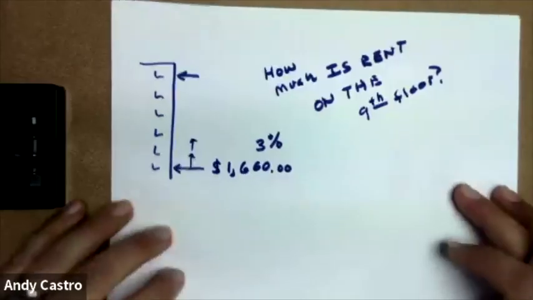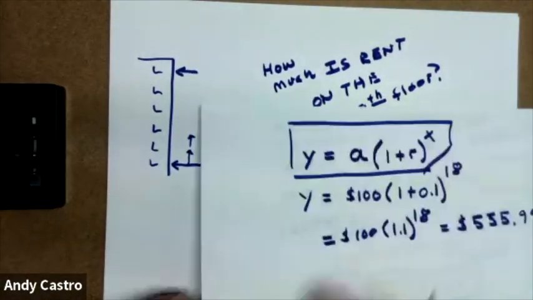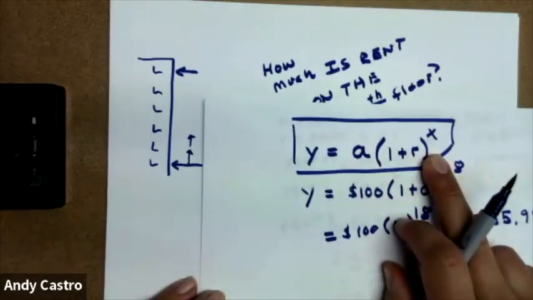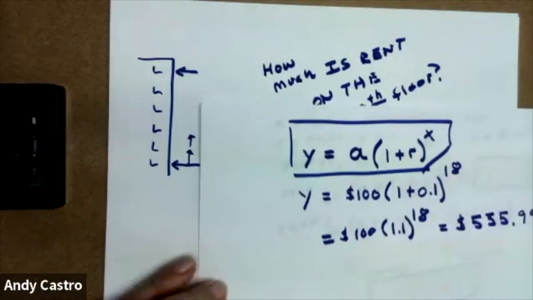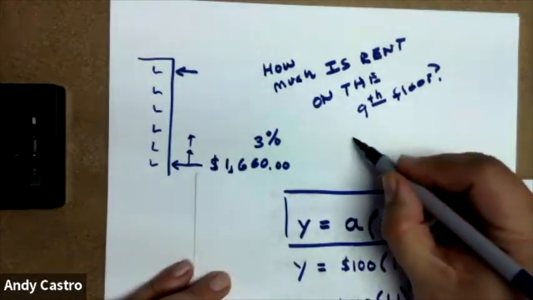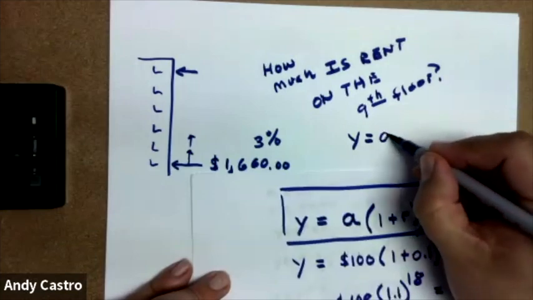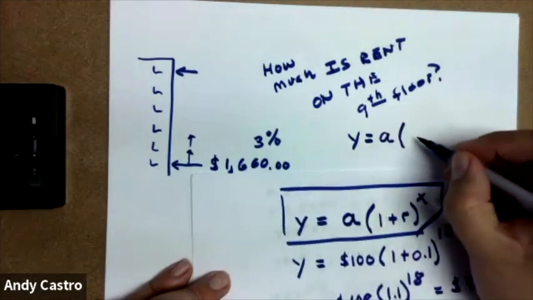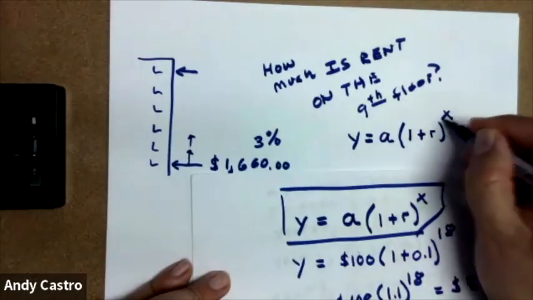Okay. So what we want to do here is we're going to look at our exponential increase formula that we derived, and there is a formal proof for this, but we're not going to worry about that at this level. But you know enough to know that this is going to give you the information. This is going to yield the value that you're looking for.